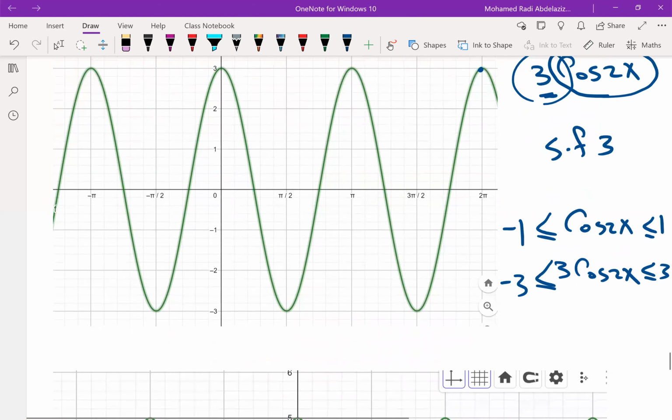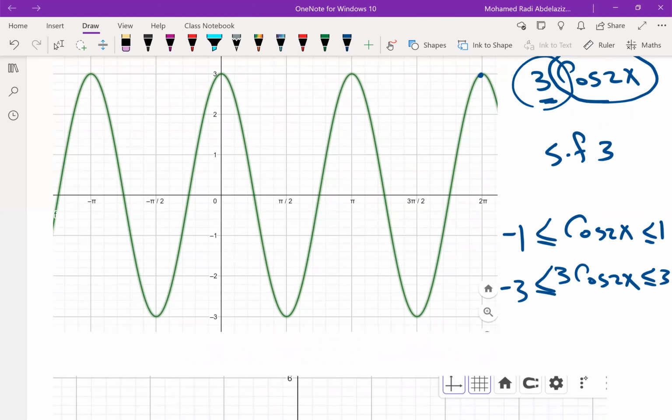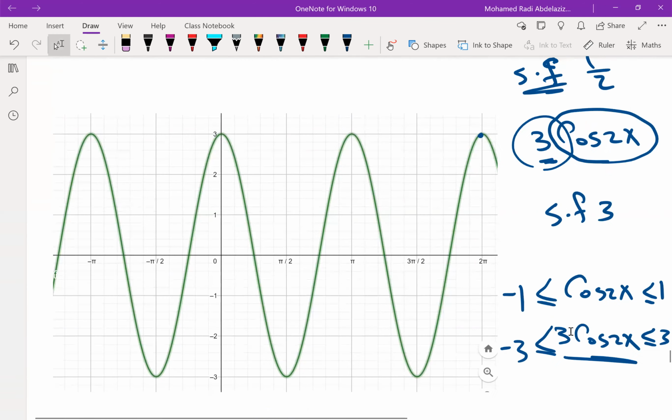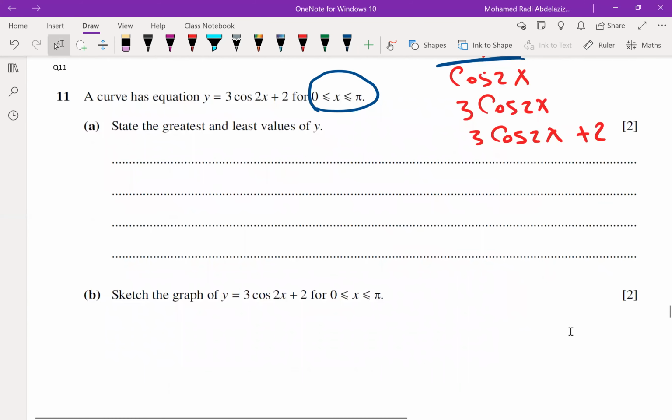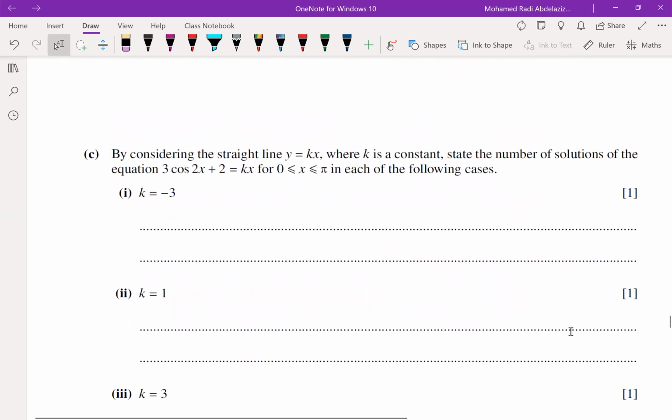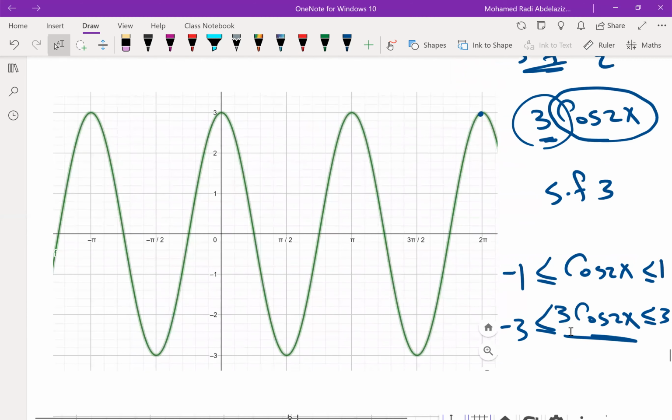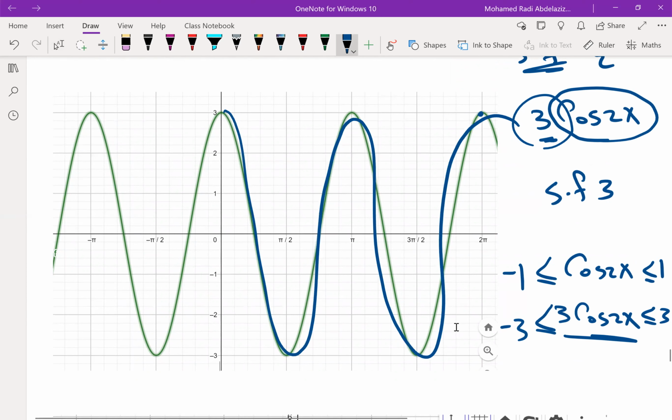The third step, after graphing 3 cosine 2x: we started from cosine x, then cosine 2x, then 3 cosine 2x. The last part, if you look at the curve, it's written +2. This is called translation up. We take the curve and move it up how many units? 2 units.